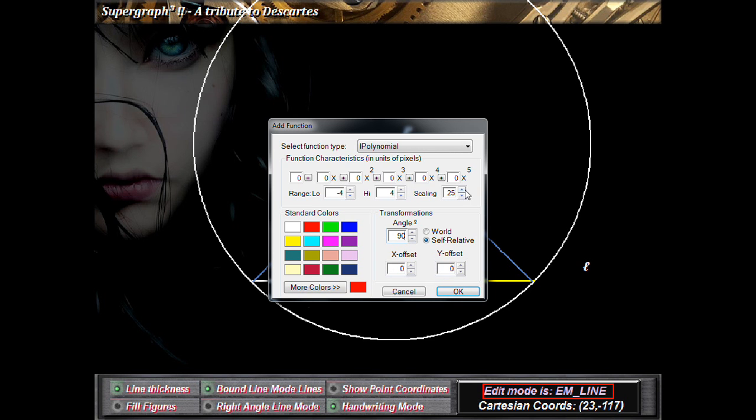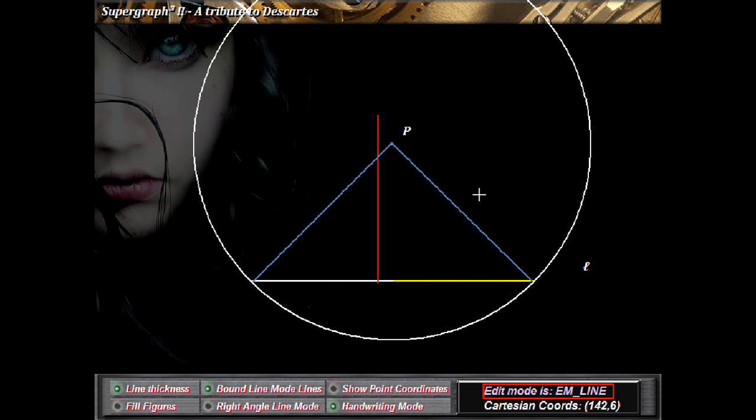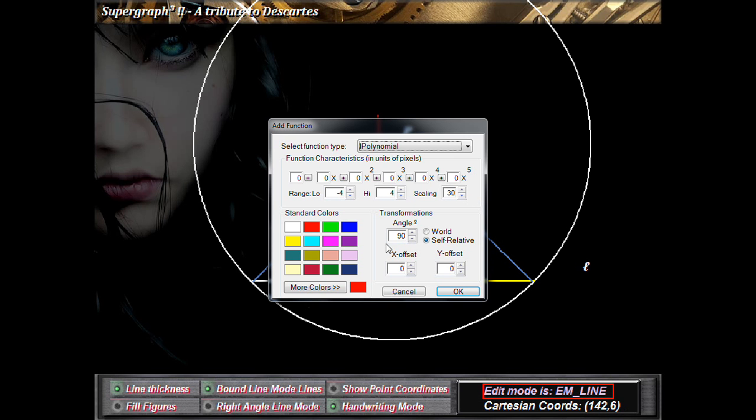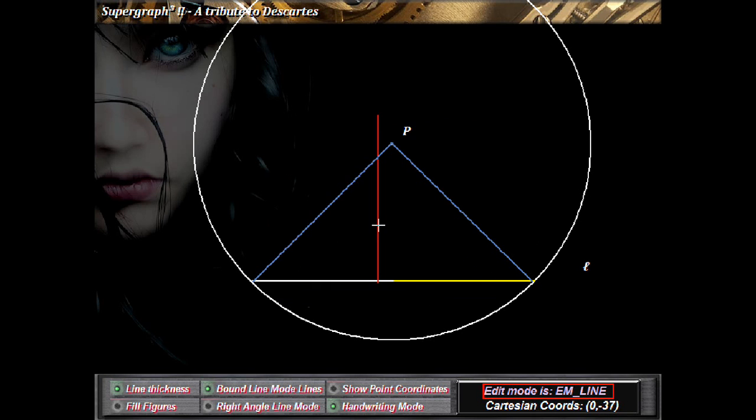It's going to be longer than 25, maybe 30 less. Oh, no, it's less than 25.